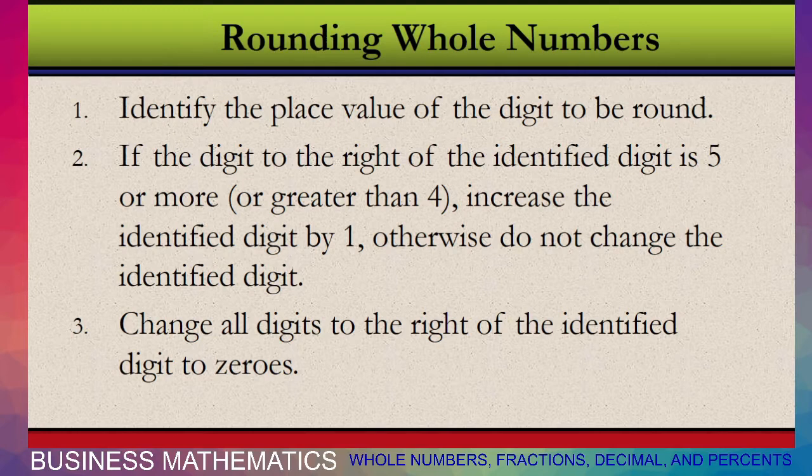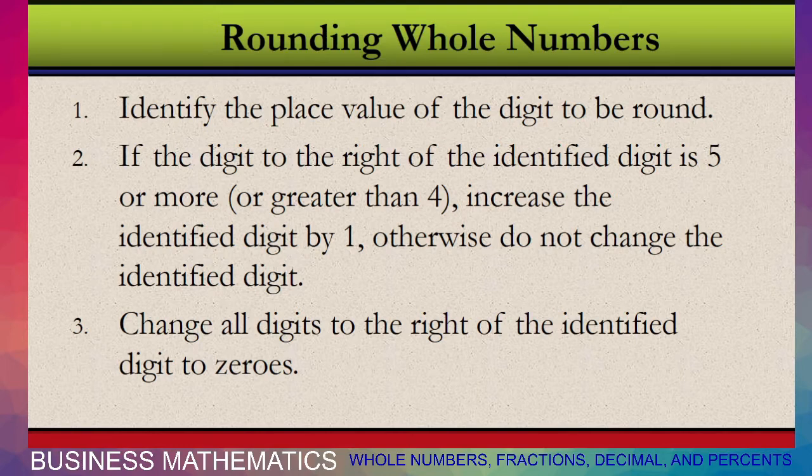Pero, kapag yung nasa right na number is less than 5, or equals to 4 pababa, hindi magbabago yung digit na nasa unahan. Magbabago lang yung nasa dulo, magiging 0 na silang lahat. Wala lang tayong i-add na 1.